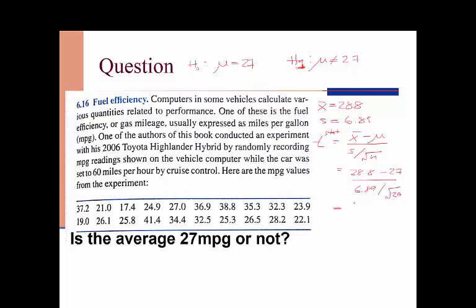Okay, so just calculate that. 28.8 minus 27 divided by 6.89 over square root of 20. And you get 1.17. Now from Minitab, we get the p-value.